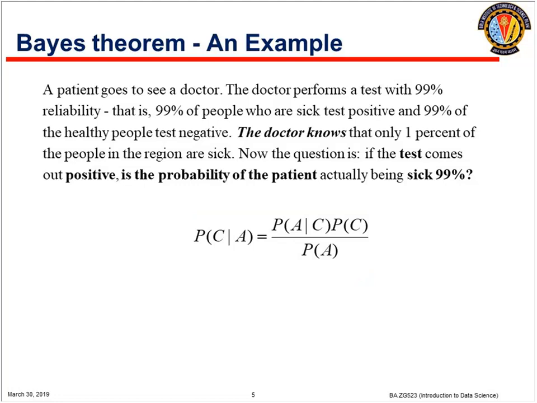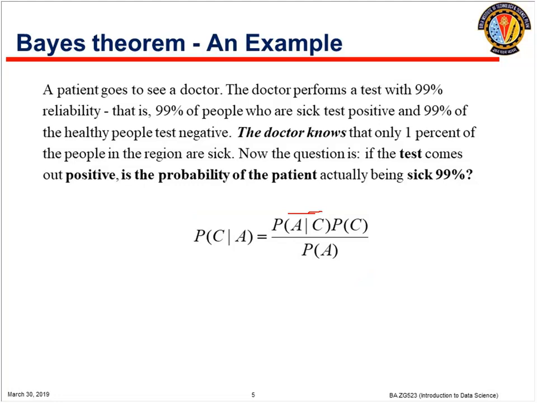Now in this case, what is the probability of A given C? Let me wait for your answers. No, don't give me the answer yet. What is the meaning of A given C?